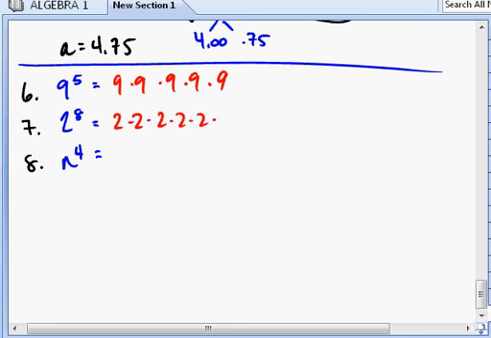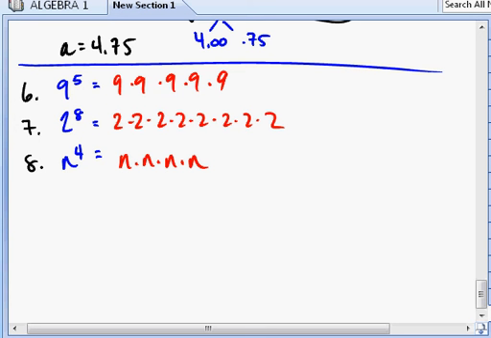Good, 8 2s. 1, 2, 3, 4, 5, 6, 7, 8. Right? Jacqueline, what about 8? n times n times n times n. Yeah. 4 n's. Any questions?